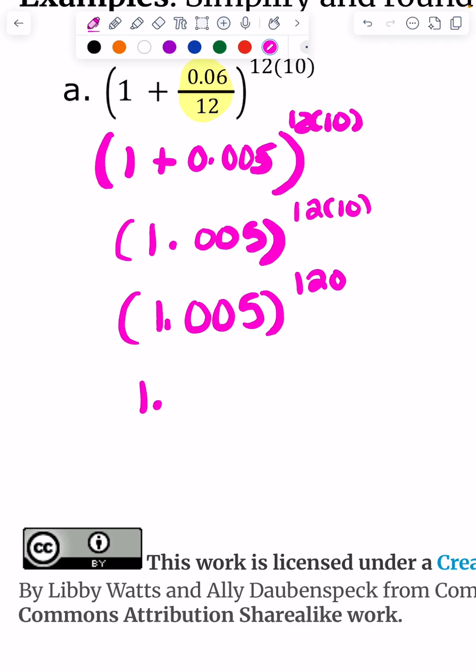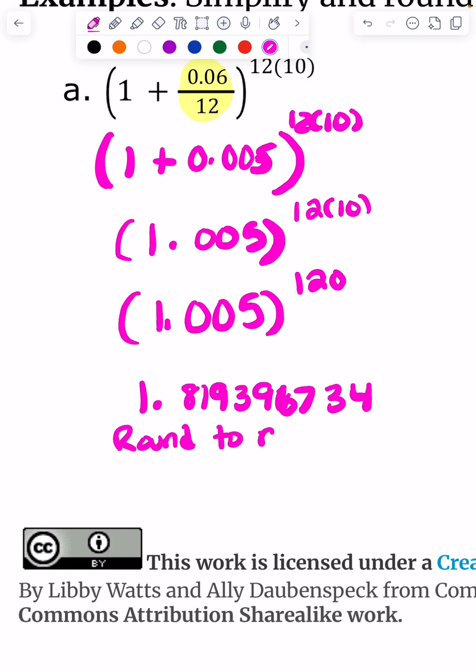And the answer to that is 1.819396734. So suppose I wanted to round this to the nearest hundredth. Actually, let's make it 1,000th to make it more interesting. Round to the nearest 1,000th.